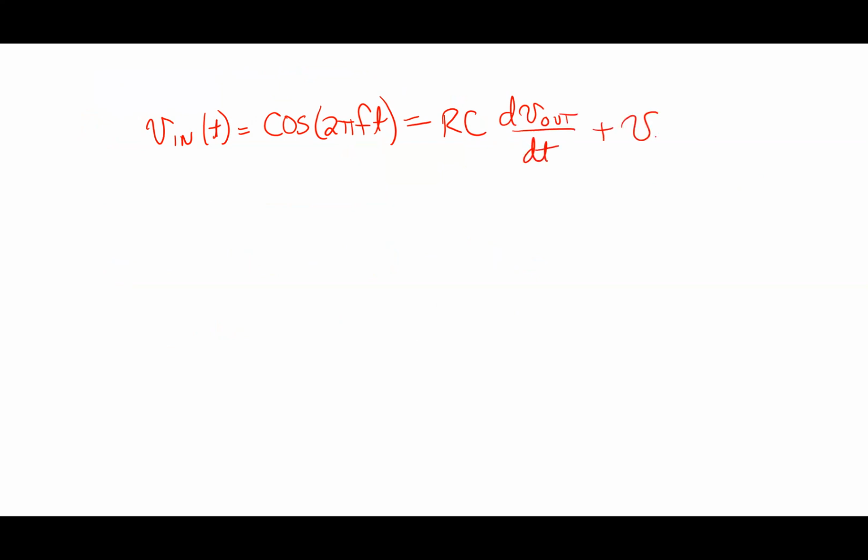So I've got Vn of t, because now it's a function of time, cosine 2 pi ft equals RC dV out by dt plus V out. Okay, now, what is the solution to that?